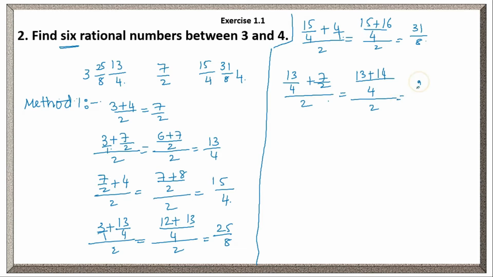What will it become? 27 by 8 is in between 13 by 4 and 7 by 2. That is 27 by 8. These are the 6 rational numbers between 3 and 4. This is method 1. Clear? Now let us see method 2.